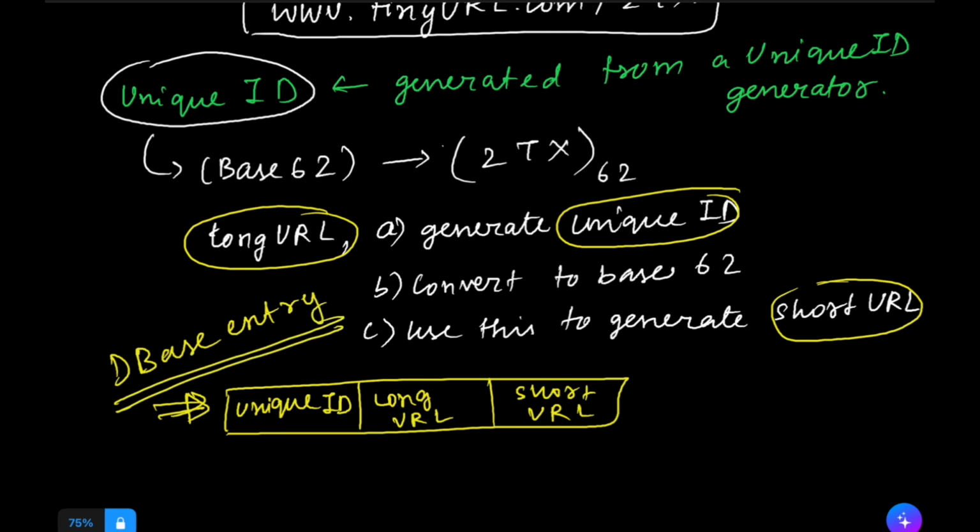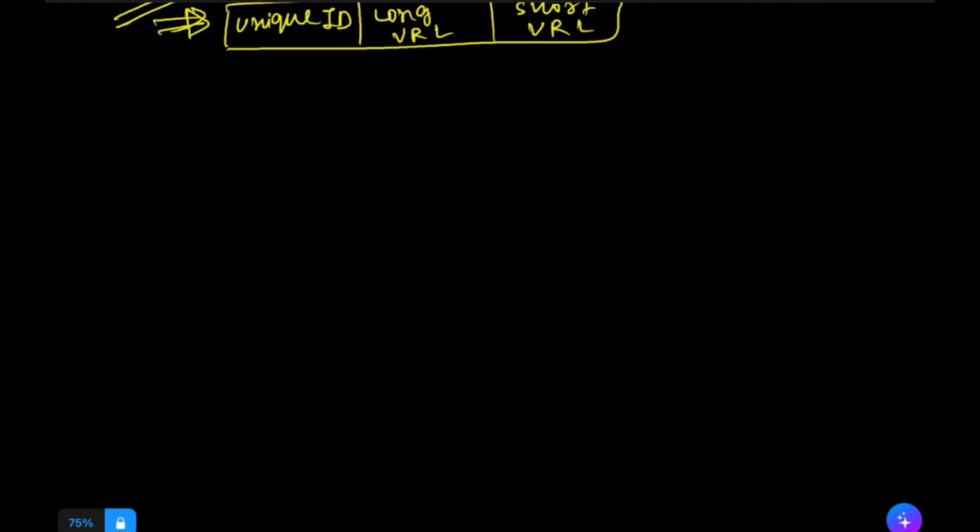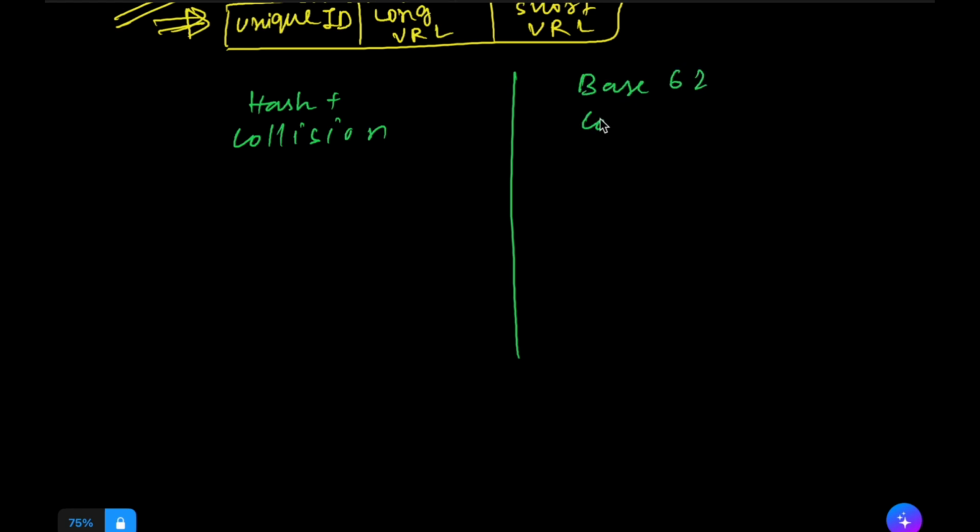So if we compare the two methods which we discussed right now, one is the hash plus collision resolution, and another is this base 62 conversion.